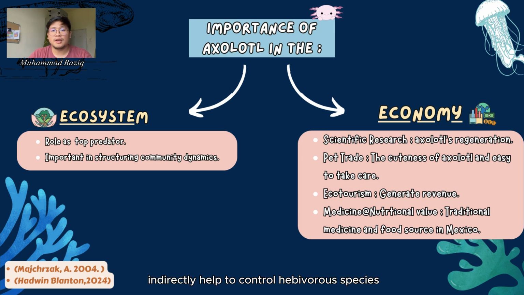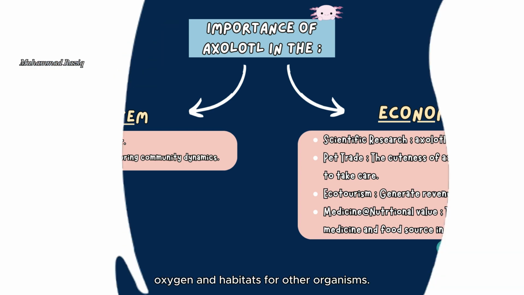Axolotls also indirectly help to control herbivorous species from feeding on aquatic plants vigorously. By keeping these populations in check, axolotls do a big favor in maintaining the vegetation that is very crucial in providing oxygen and habitats for other organisms.